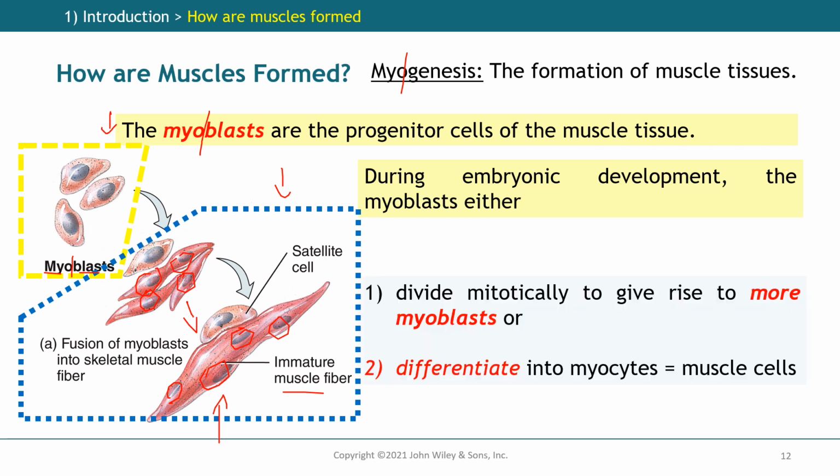One is to keep dividing, and the other is to differentiate and form myocytes. Myo, again, muscle, cyte, cells, the muscle cells. There are other processes involved to turn this immature muscle fiber into a mature muscle fiber. But here I'm going to tell you about an additional cell that is very important, the satellite cell.